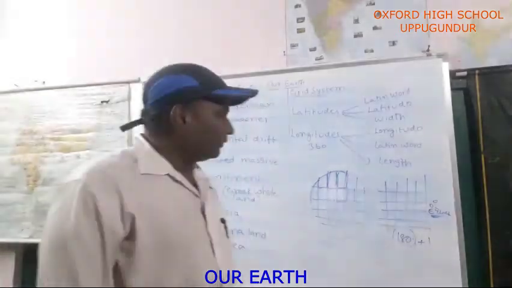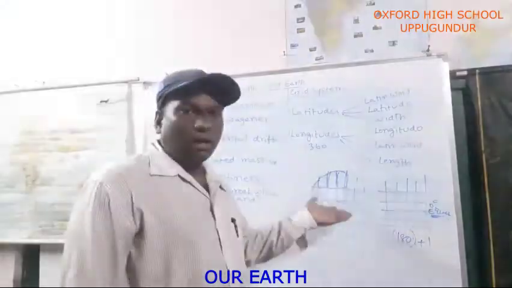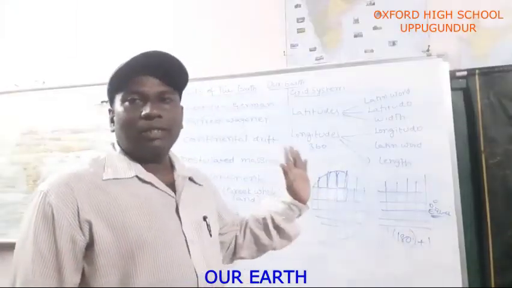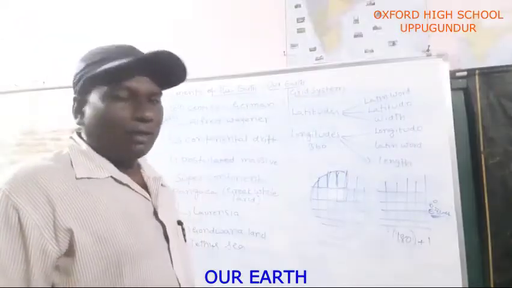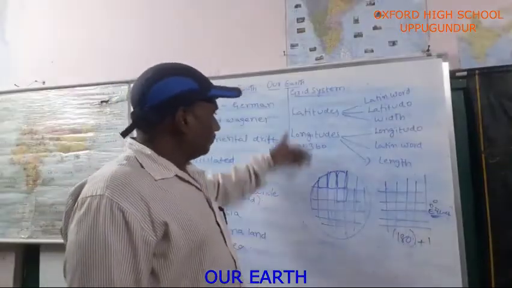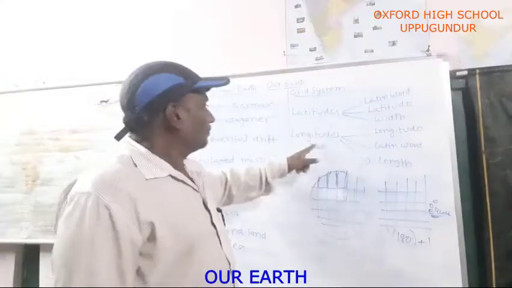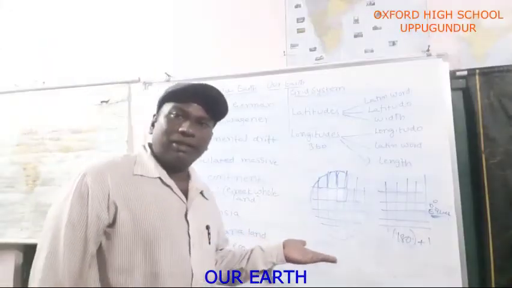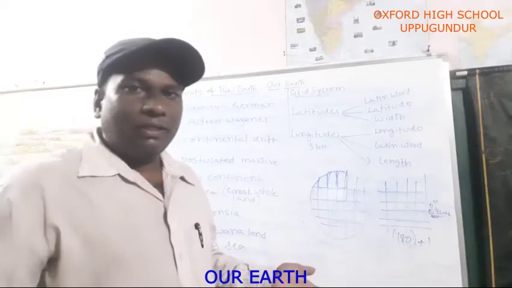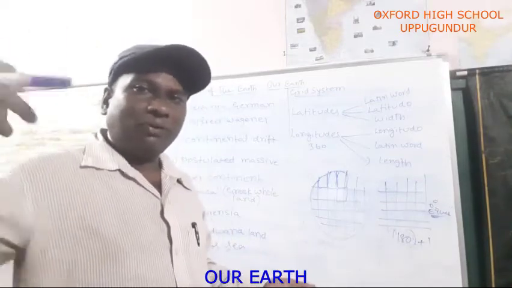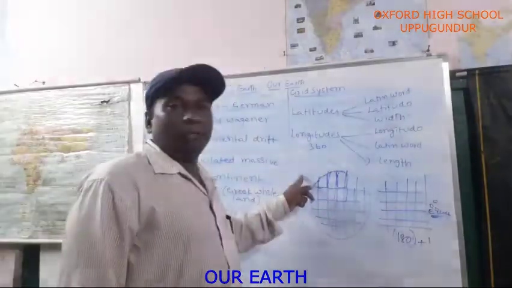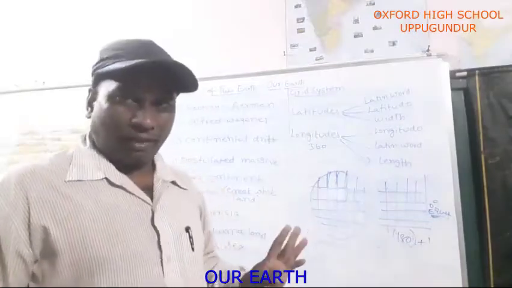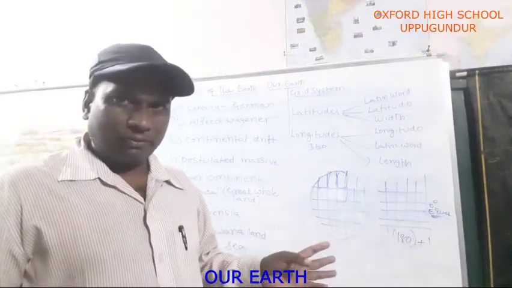By that time, these longitudes and latitudes are very helpful to anybody. Based on the noon line, longitudes are drawn. That's why these longitudes are called noon lines. If you want to find out the time, longitudes play a very vital role.